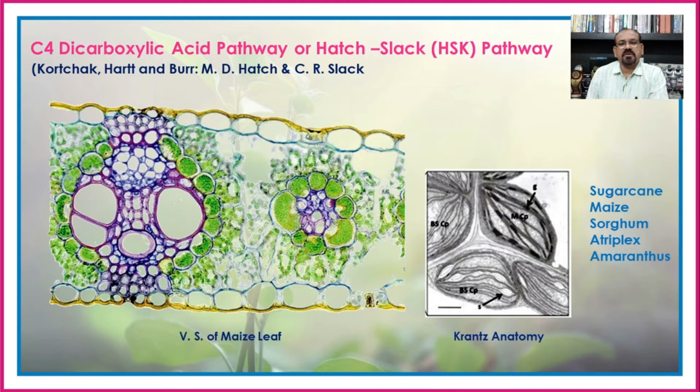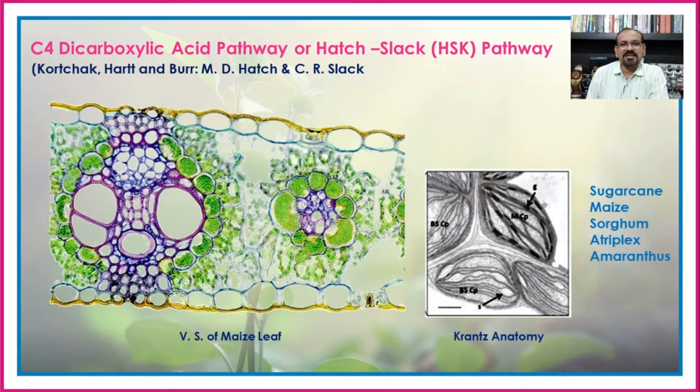Now first of all, if we are going to see the C4 dicarboxylic acid pathway or HSK pathway, then we must remember the plants which are showing somewhat different type of the anatomy of the leaf that are adopted for the C4 pathway or HSK pathway.